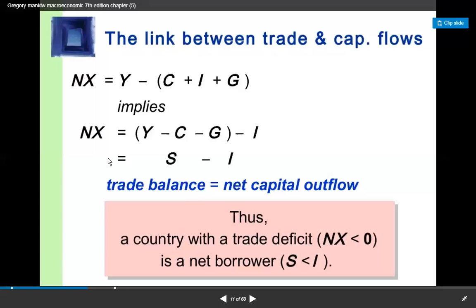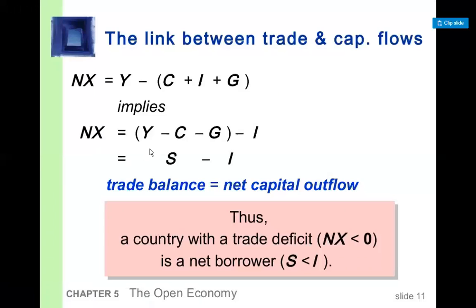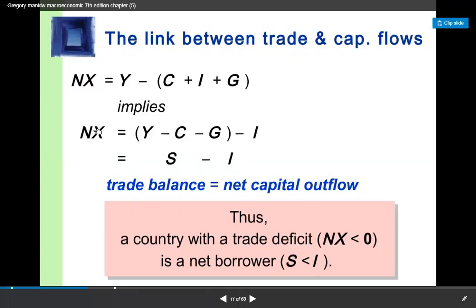So any country with a trade surplus will be a net lender. Please keep in mind, any country with a trade deficit will be a net borrower, and any country with a trade surplus will be a net lender. That is the point.